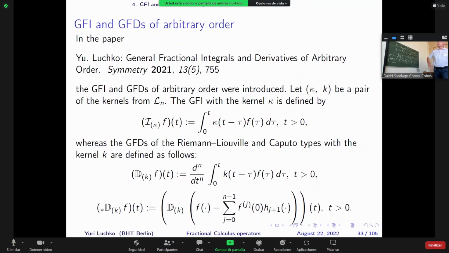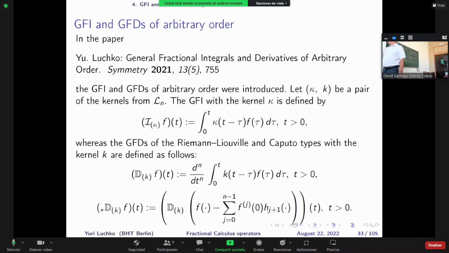So the general fractional integral is defined as before in the same form with the kernel kappa, and the general fractional derivatives of the Riemann-Liouville and Caputo types are defined in more general form with the nth derivative, and the kernels k and kappa, they belong to this space Ln of kernels.